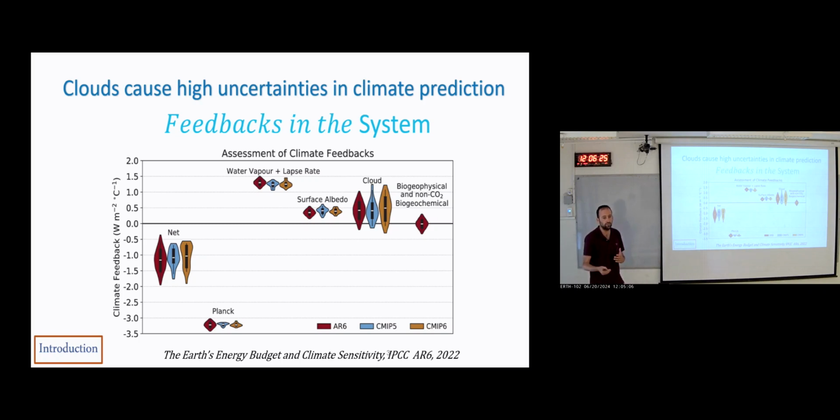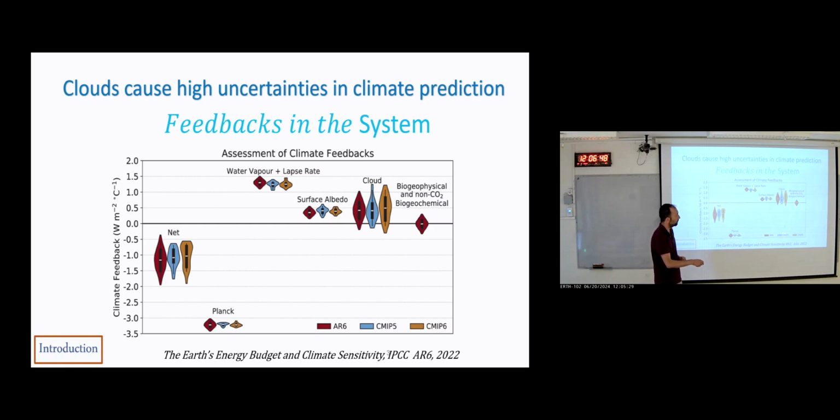Then the question is, what is the response of the system to that initial perturbation? This is usually quantified as the climate feedbacks. You see here the net feedbacks, and all the leading feedbacks that I already mentioned from a few different reports. We have the latest in red, the latest IPCC report.